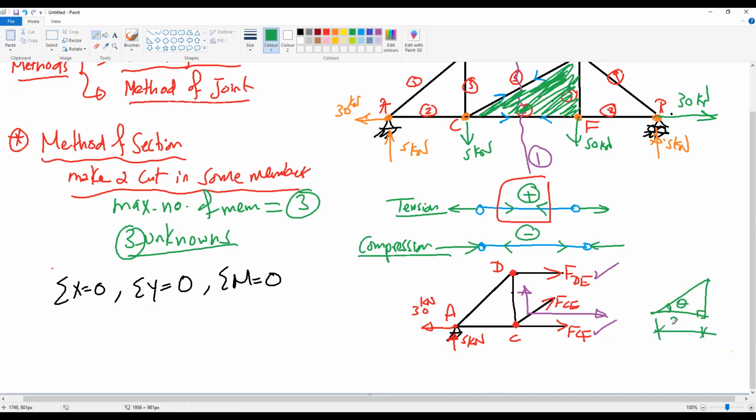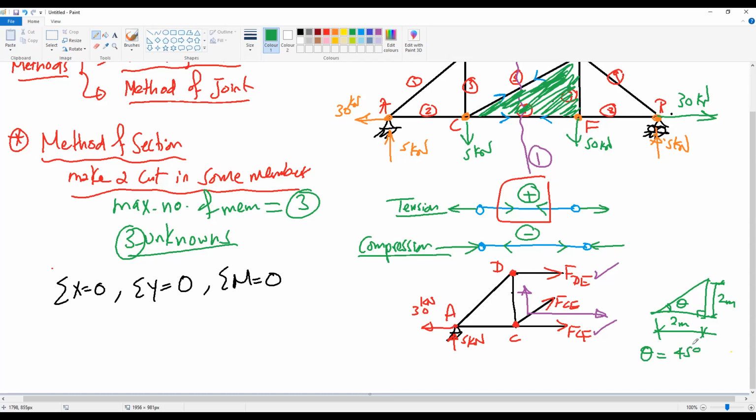This member is 2 meters and this member is 2 meters. Okay, if we have an angle with the opposite 2 and the adjacent 2, how much is the angle? 45 degrees.